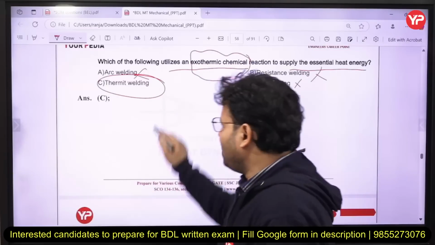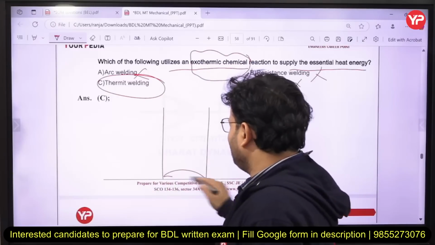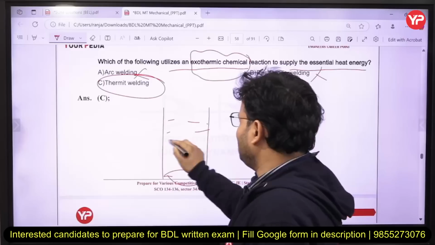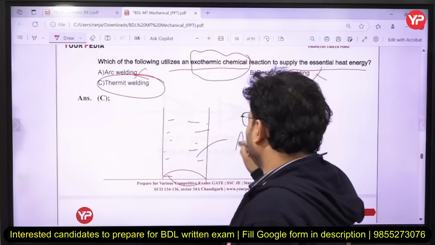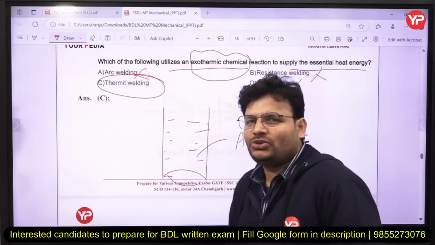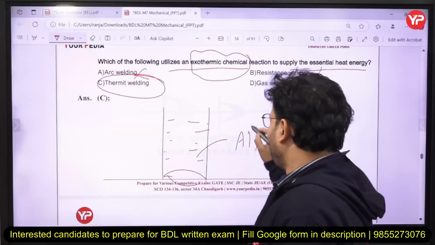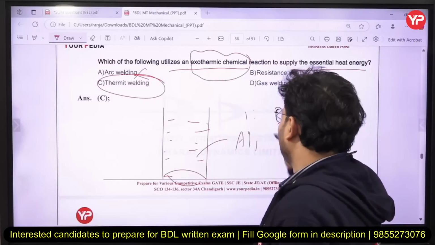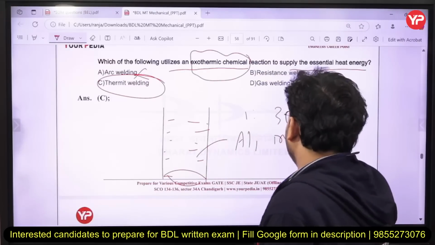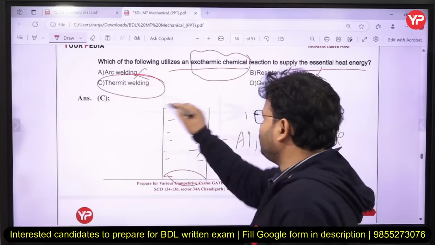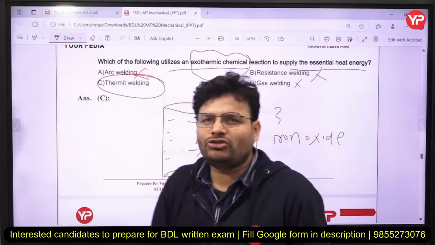You have a cylinder containing aluminum and iron oxide, Al2O3 form, in a ratio of 1 to 3, and it is filled. Now go to the site where you have to weld it.